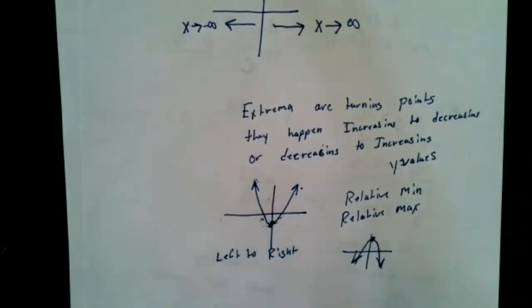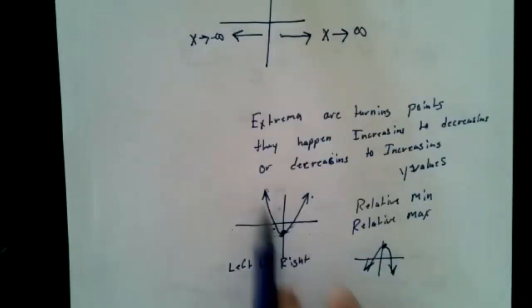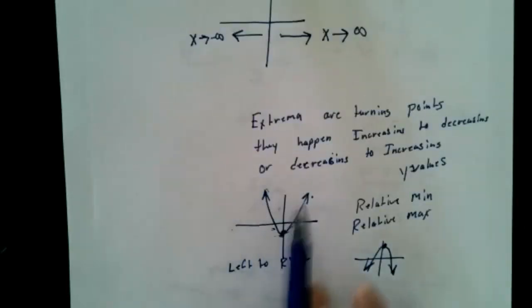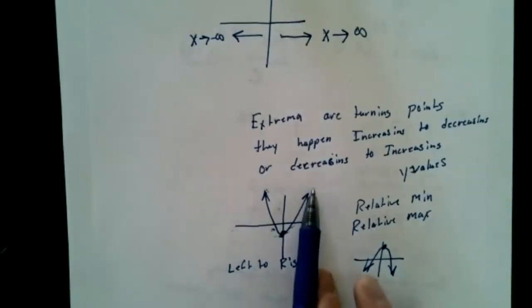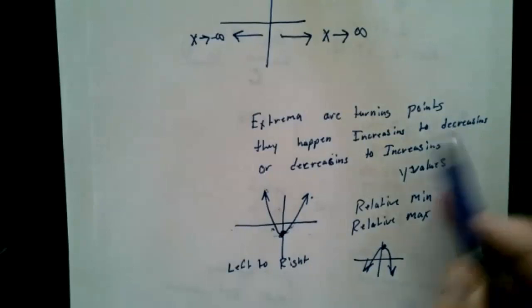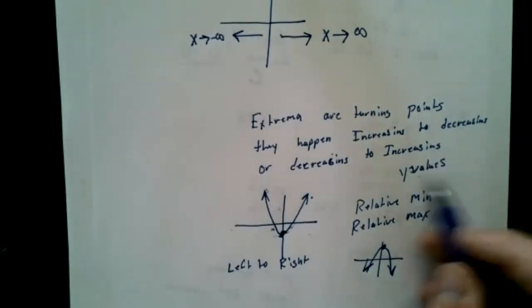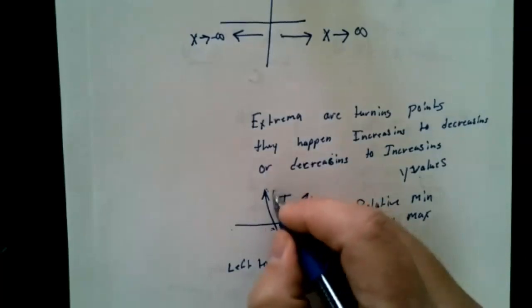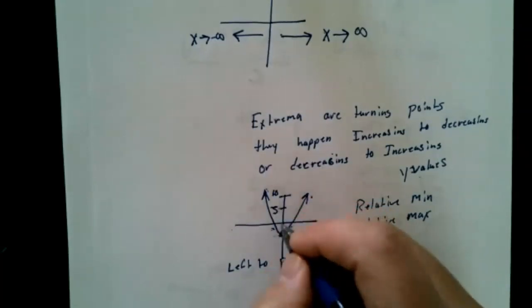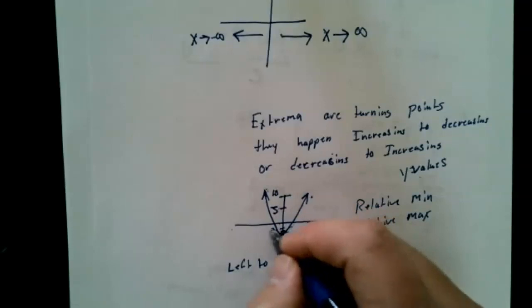Okay, but the way we find them is we work left to right and we try to determine what our graph is doing. It's decreasing, decreasing, decreasing, and then it begins to increase. And then once again, the decreasing or increasing is in terms of the y values. So here I'll just put in a sample. If that's 10, that's 5, that's 0, that's negative 5.